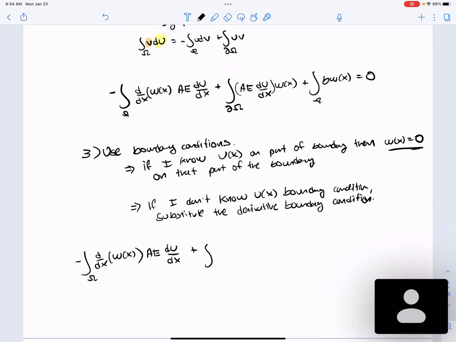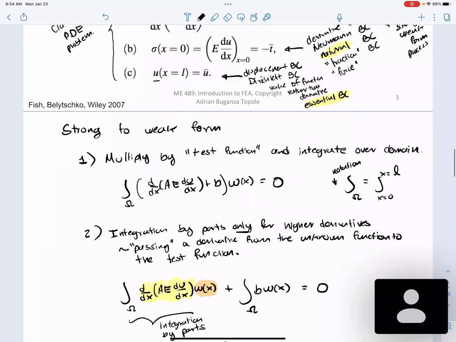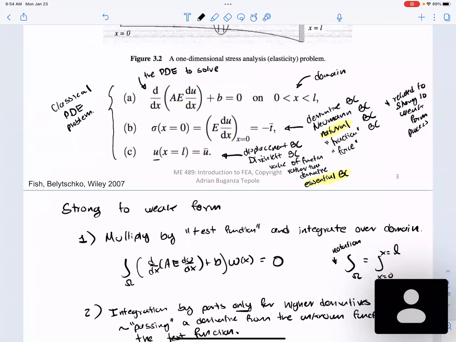I'm going to introduce more notation here. Typically, for the domain we use omega.